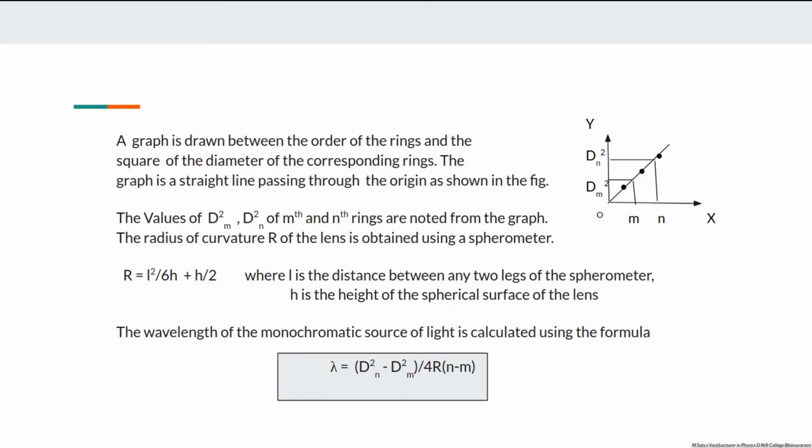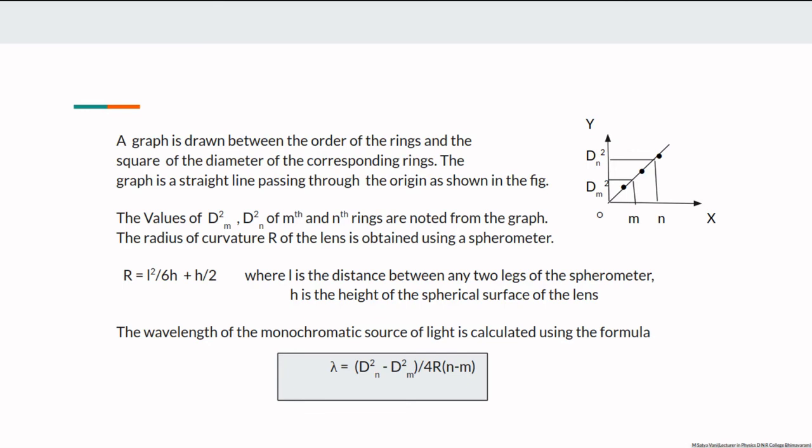Once again, I conclude this experiment. Newton's rings are formed when a plano-convex lens is placed on a plane glass plate. Then different circular rings are observed when monochromatic light is incident normally, and this experiment is used to determine the wavelength of light lambda.